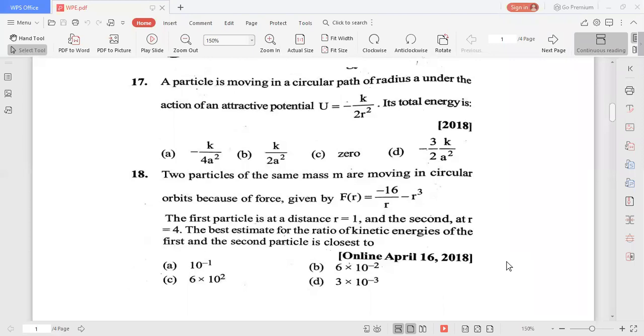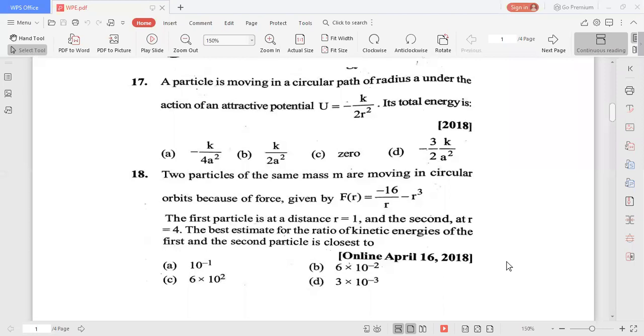There are two cases here. For both the particles, the formula for kinetic energy is the same. Only this function is different. That's why kinetic energy is proportional to 16 plus r to the power of 4. For the two particles, kinetic energies are in the ratio 16 plus r1 to the power of 4 by 16 plus r2 to the power of 4. That is 16 plus r1, meaning 1, 1 to the power of 4 means 1, by 16 plus r2 to the power of 4, meaning 4 to the power of 4.